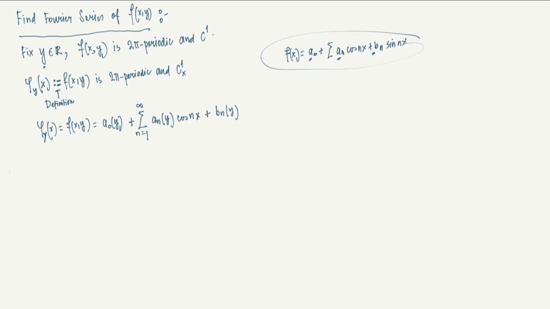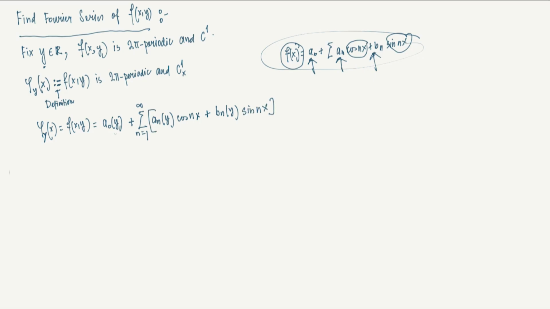Please understand this thing. Cosine nx, sine nx, this is because of the expansion with respect to x, right? Now these coefficients, for any fixed y, are just constants. But if y is varying, then f of x,y has to be written like this. I hope you understand what's happening here.